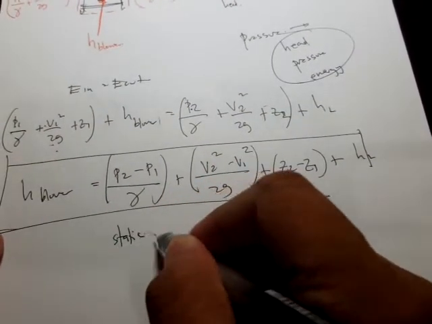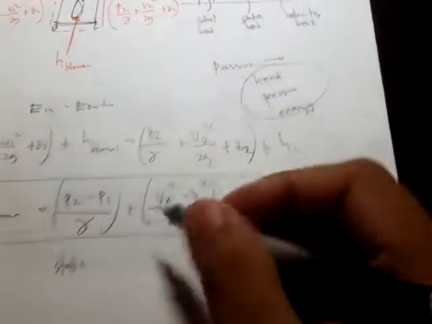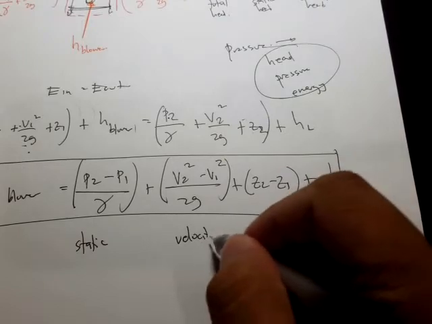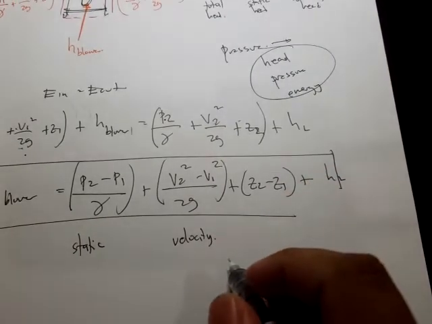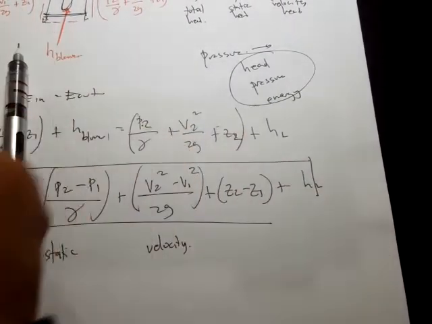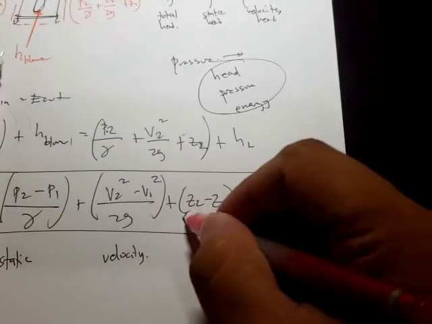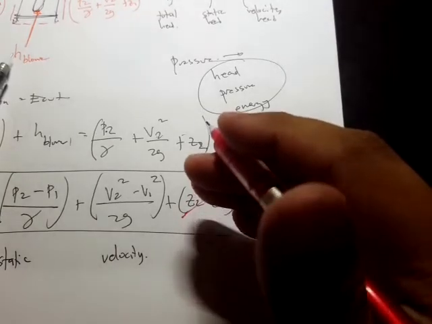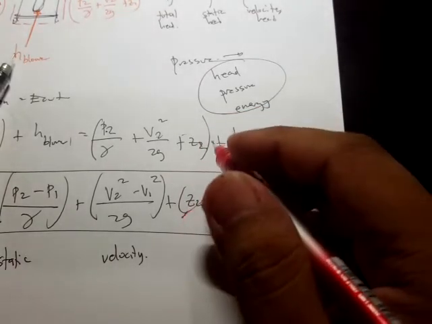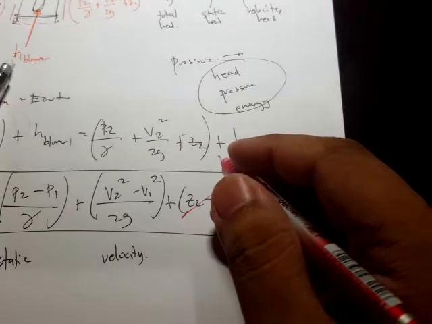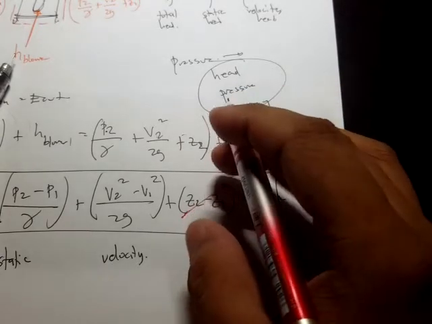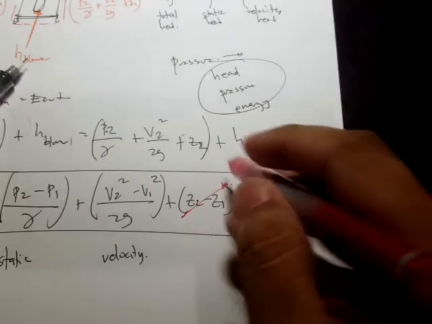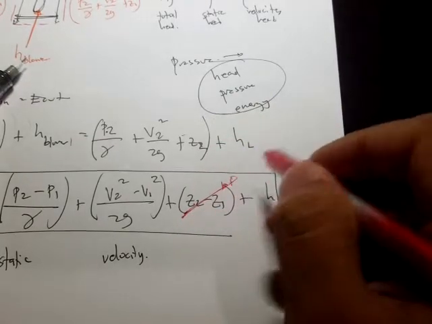So this is static, and the velocity head refers to this one, or dynamic head. Okay, and this is actually negligible. The pressure difference with respect to elevation is negligible because we have a fluid that has a lower density, so therefore it can be neglected. So this is approximately 0.